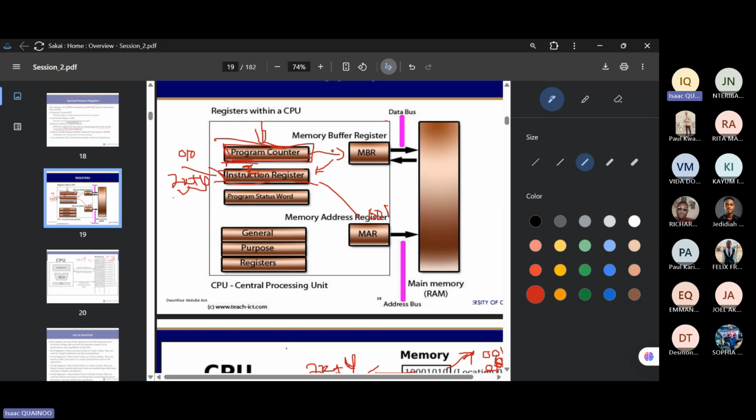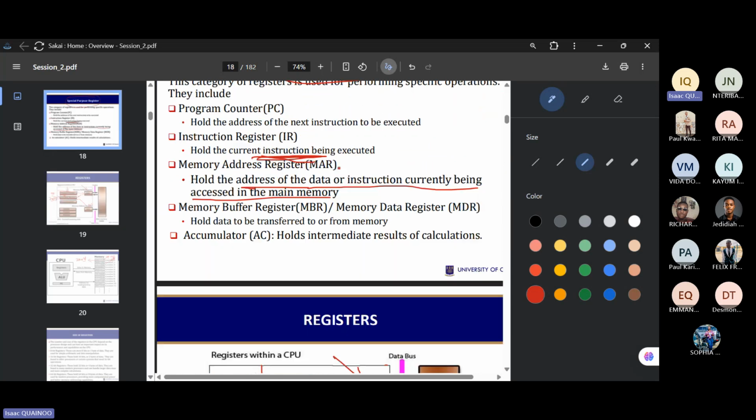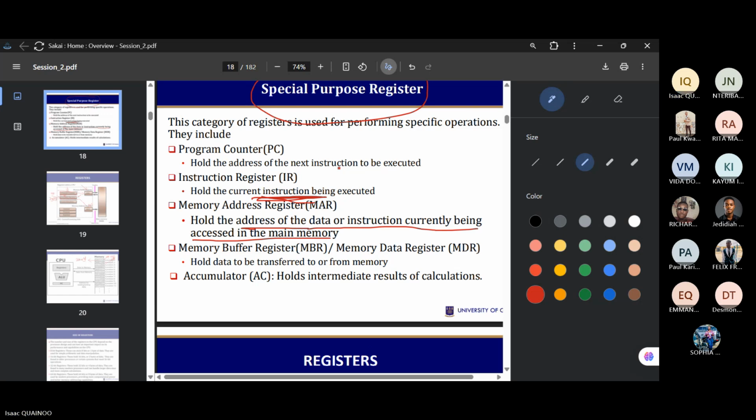And the memory buffer register receives data that is to be executed and also passes data that has been executed back to the RAM for storage. And the memory address register stores the address of the current program that is being executed. Okay, so accumulator or the AC. Please, it's not air conditioner, that's accumulator.